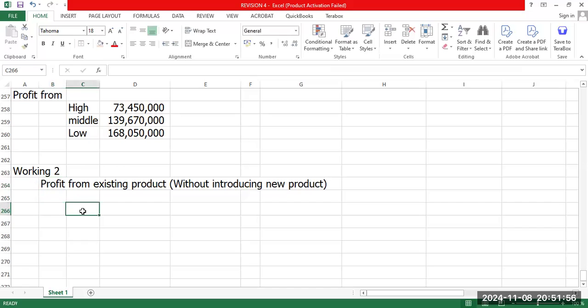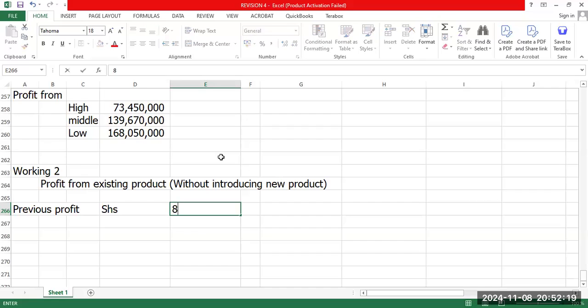Perfect. Okay, so what will be that profit? Original previous profit. Previous profit was how much? Shillings, how much? 85 million.